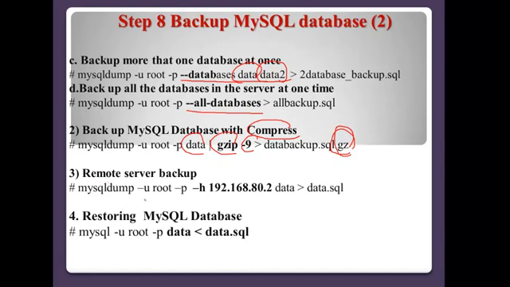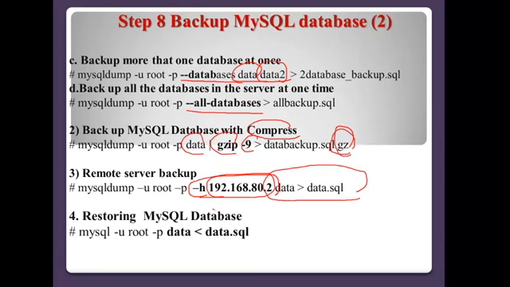If we want to back up from a remote server, in this case, we can use the option -h. So here 192.168.82 will be the MySQL database server in the remote. Then we can back up this database to our local system.